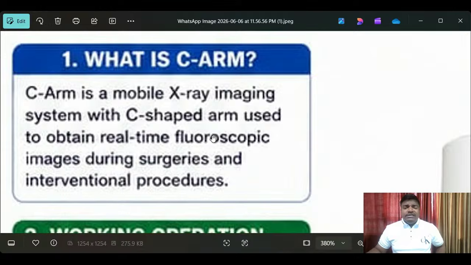Take positively what I'm saying, try to listen, and see here: what is a C-arm? Now I'm going to read the definition. C-arm is a mobile X-ray imaging system with a C-shaped arm used to obtain real-time fluoroscopic images during surgeries and interventional procedures.